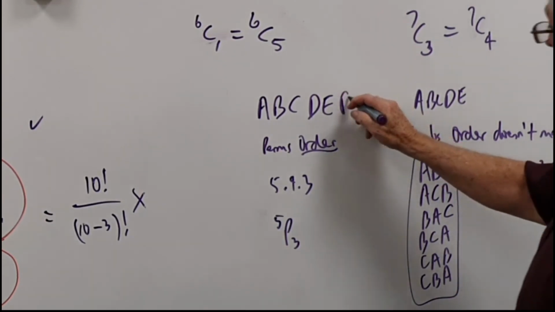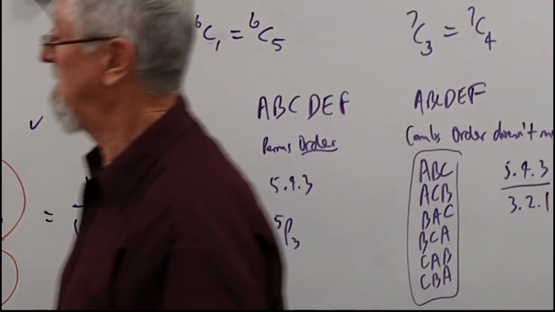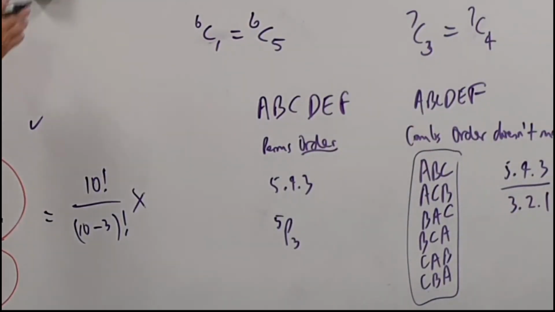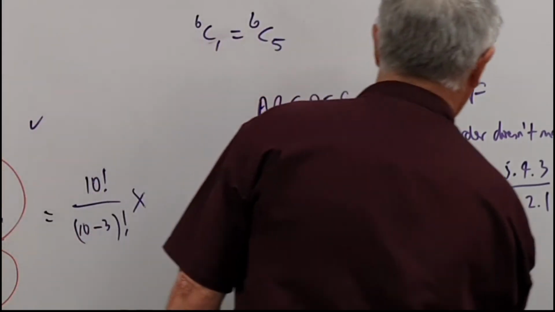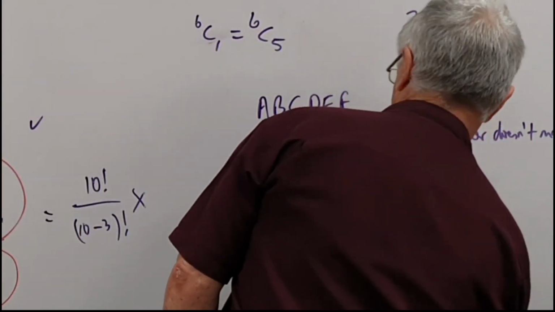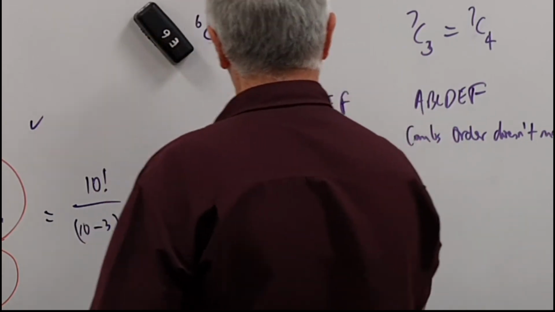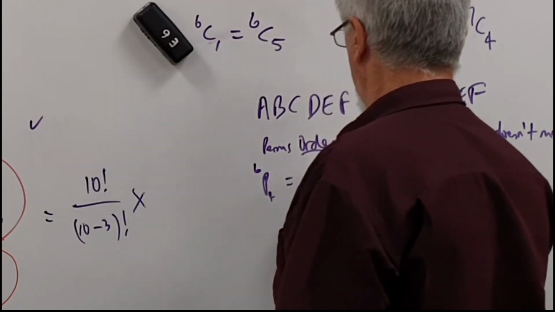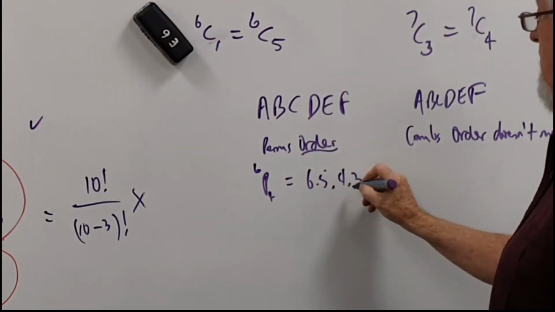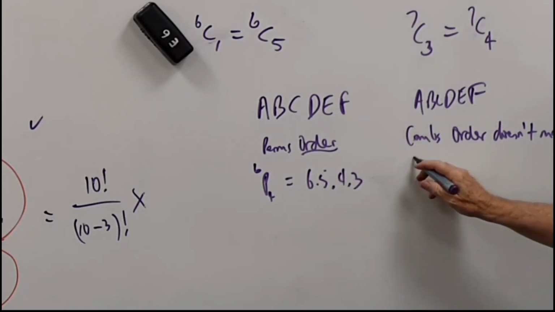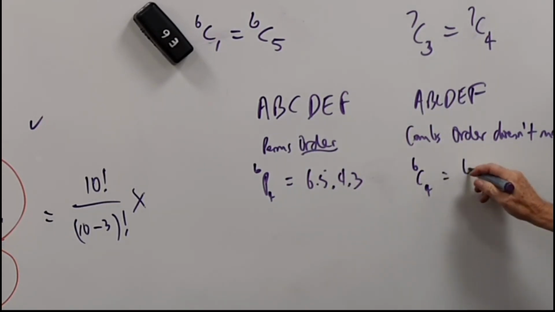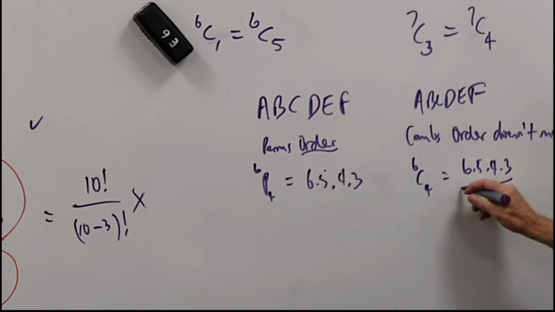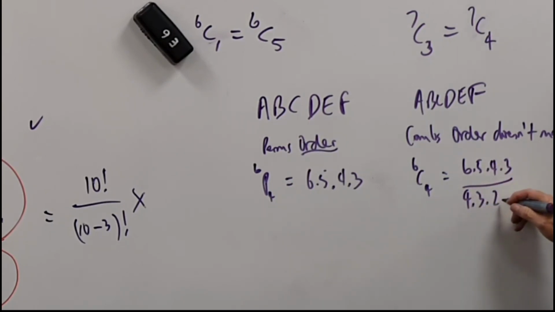If I did this down, we'll go one step further: 6 by 5 by 4 over 3, 2, 1. So the permutations would be 6P4, you can go 6, 5, 4, 3. Combinations would be 6C4, and you can go 6, 5, 4, 3, divided by 4, 3, 2, 1.